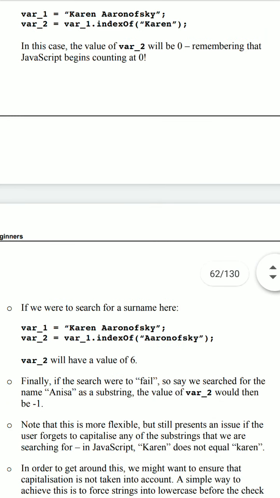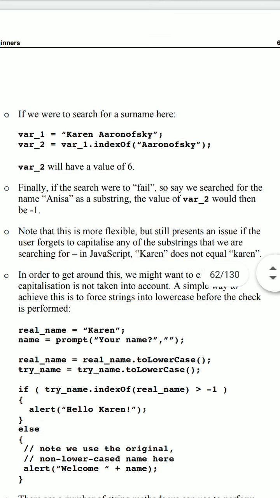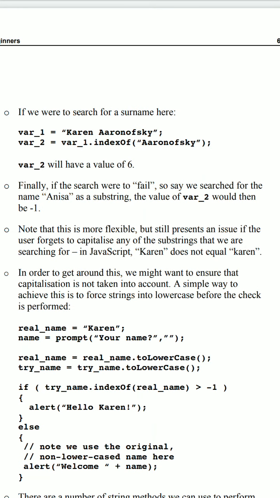If you were to search for a surname, var1 equal to Karen Aaronofsky and var2 is equal to var1 dot index of Aaronofsky, var2 will have a value of 6. Finally, if the search failed, say we search for the name Anisa as a substring, the value of var2 would be minus 1.